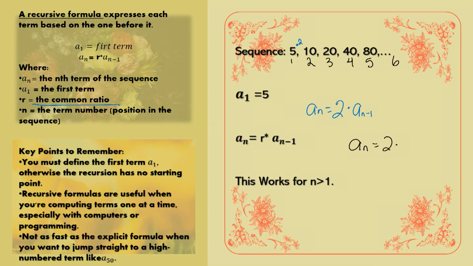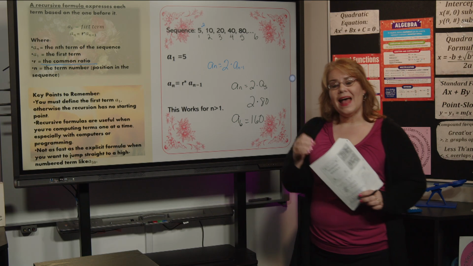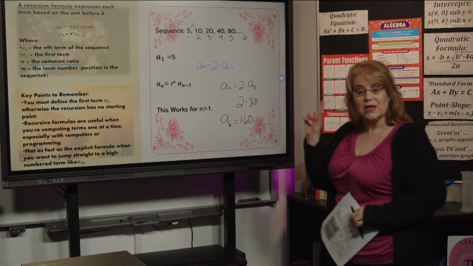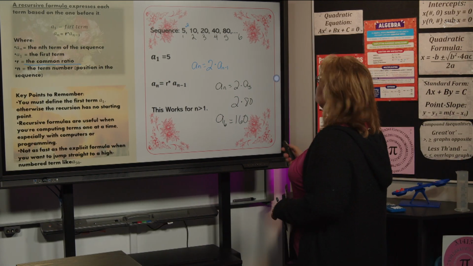So 2 times a sub 5, and a sub 5 is 80, so 2 times 80. My a sub 6, or 6th term in this sequence, is going to be 160. That's how we use these recursive formulas. So let's see what we've got next.